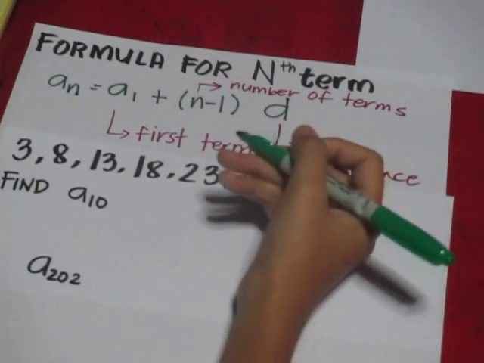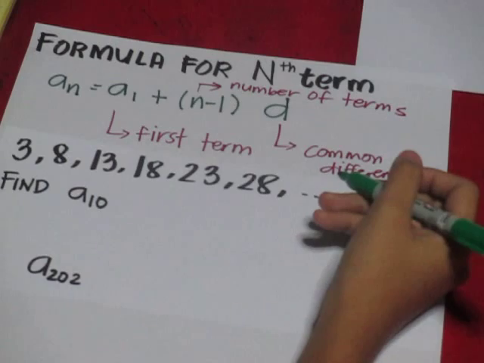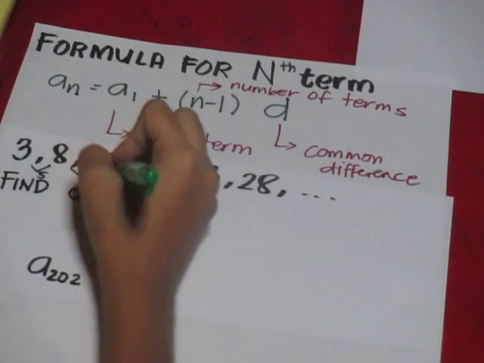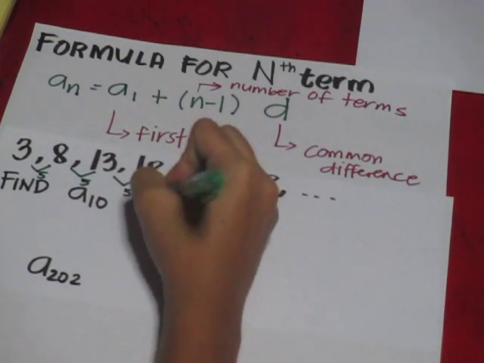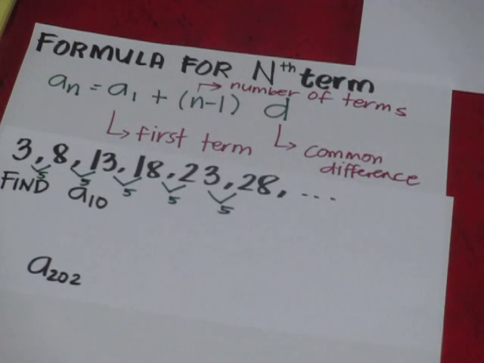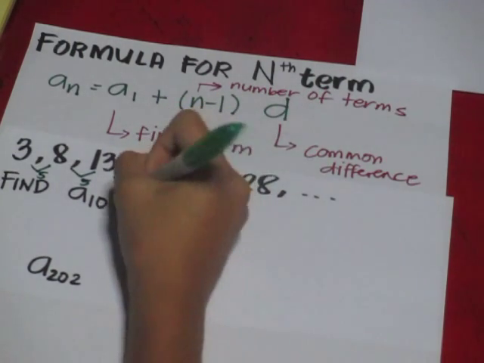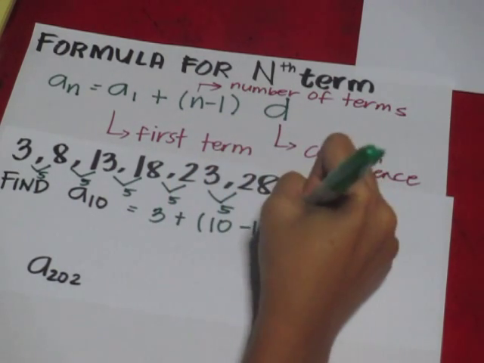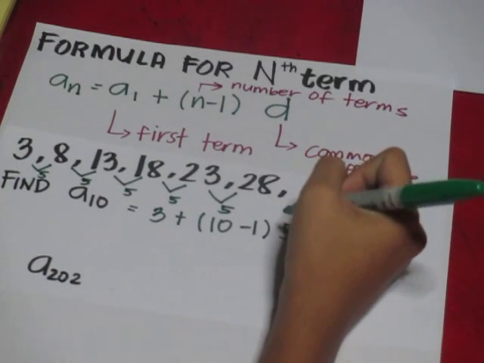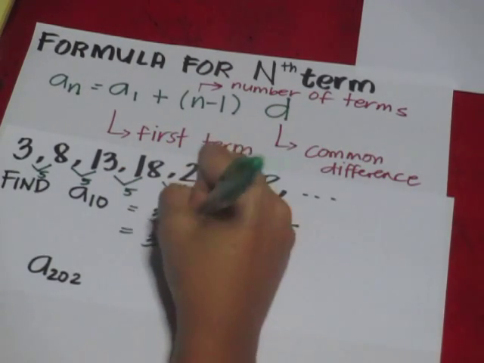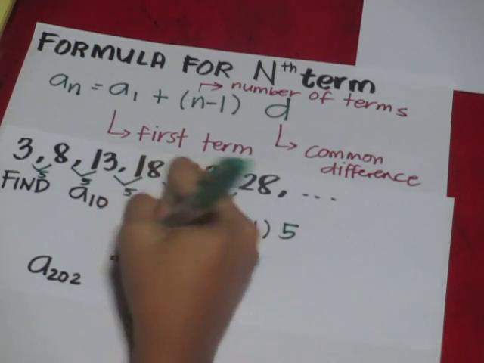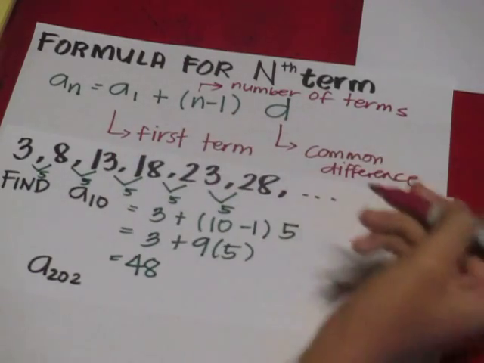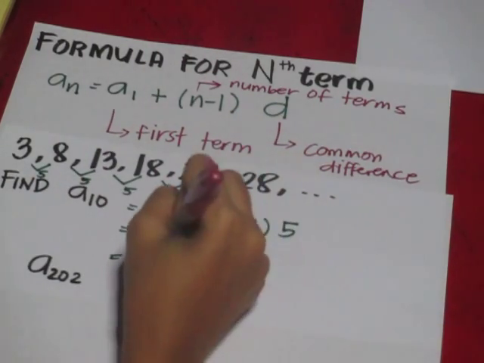That means we're going to find the common difference first. 8 minus 3 is 5, 13 minus 8 is 5, 18 minus 13 is 5, and so on and so forth. Now, a sub 10 is equal to our first term plus the number of terms minus 1 times the common difference, which is 5. So that's 3 plus 9 times 5, which is equal to 48. So our 10th term for this arithmetic sequence is 48.